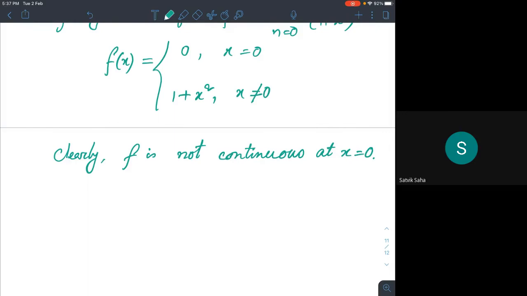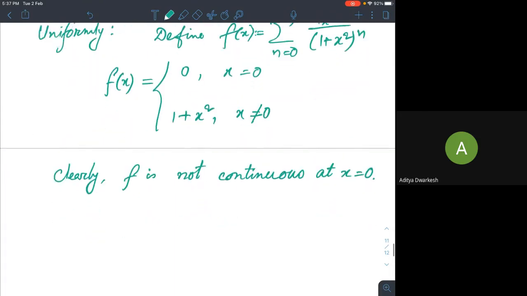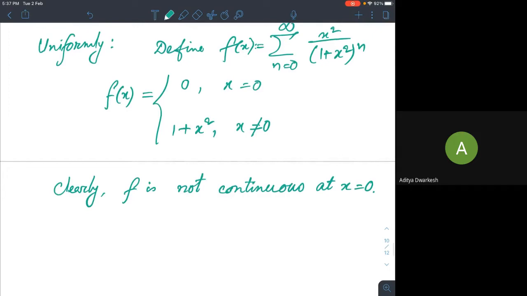As x tends to 0, this goes to 1, but it is 0 here. So this is not continuous. If it converges uniformly around 0 also, then the limit would have been continuous by a theorem that we have proved a few classes back.